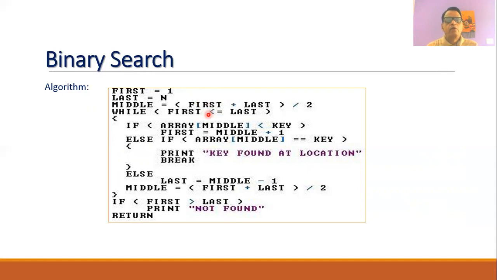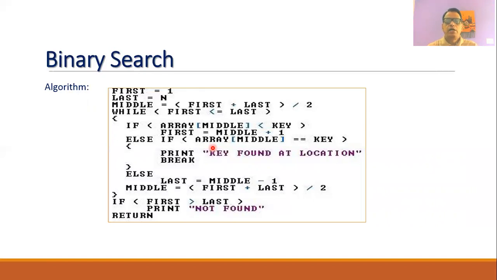And then we will go for a loop where we will check whether first is less than or equal to last. And then we will check if array of middle is less than the value. If it is, then we will assign first equal to middle plus 1. Otherwise, we will check if the array of middle is equal to the key value.